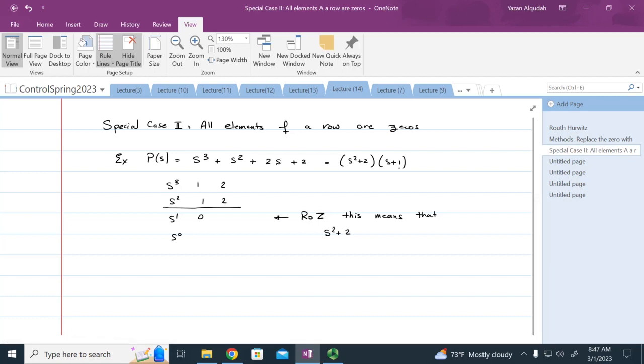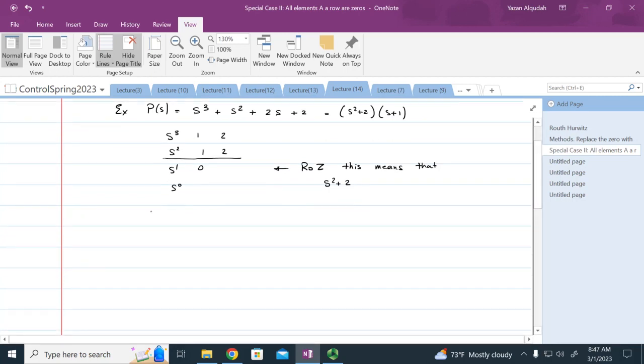Together? Everybody? Anybody confused? Where did the s plus 1 go? I divided this polynomial by s squared plus 2 and I got s plus 1. What this told me is this is a factor, then I just have to find the rest. Okay.